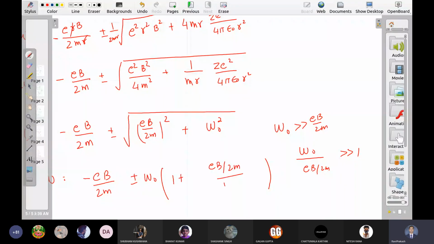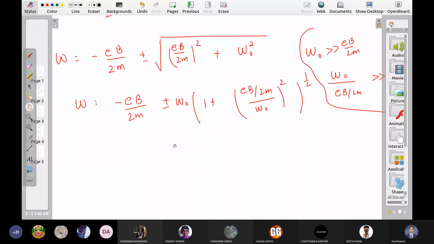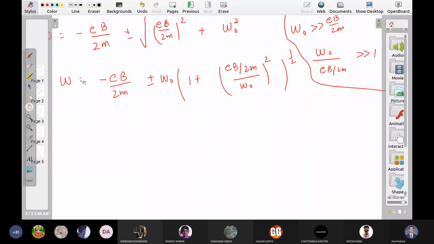Okay. So what do we get now? Nearly equal. Now this quantity is less than 1, so we can take first order approximation only. I mean, we are going to ignore other quantities.